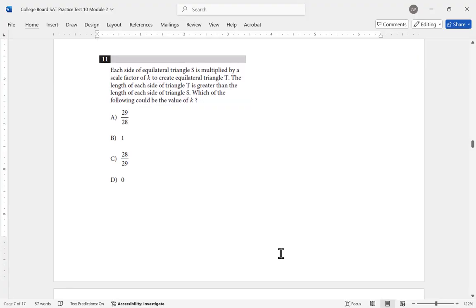Question 11. Each side of an equilateral triangle S is multiplied by a scale factor of k to create an equilateral triangle T. The length of each side of the triangle T is greater than the length of each side of the triangle S. Which of the following could be a value of k? Now in this one, just draw a picture or a couple of pictures.